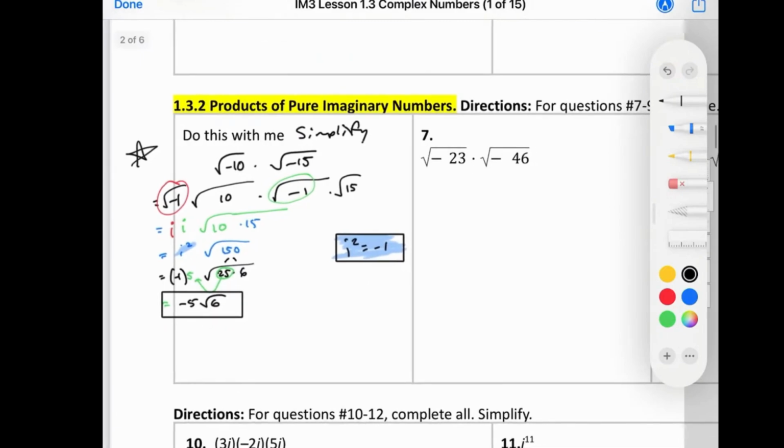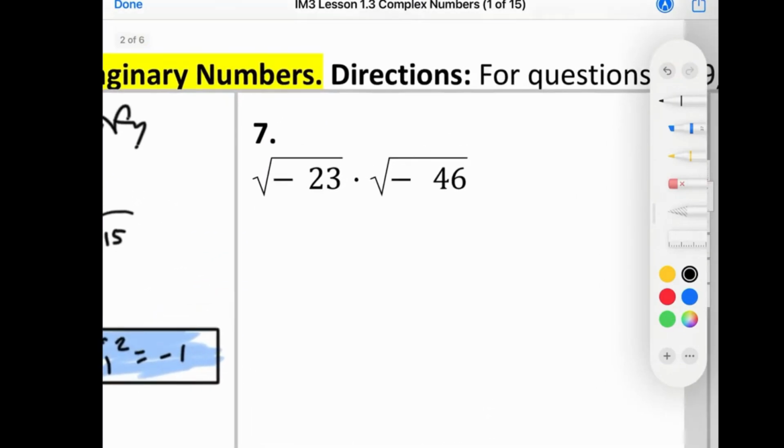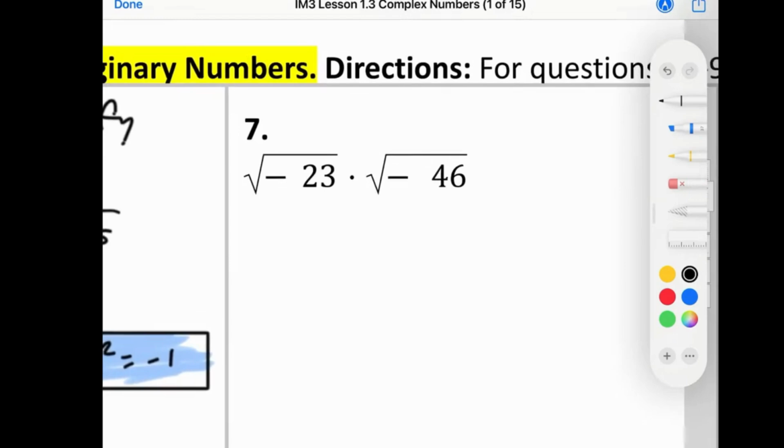Okay, question number 7. Negative radical 23. So let's just go ahead and take out the imaginary part. And the same thing here, -1 and 46.